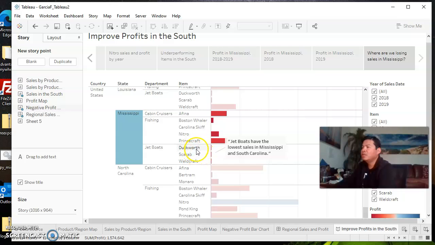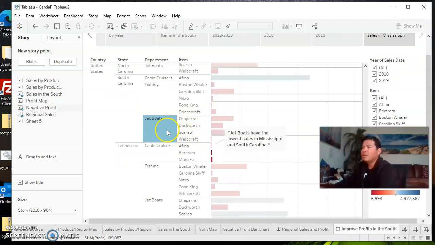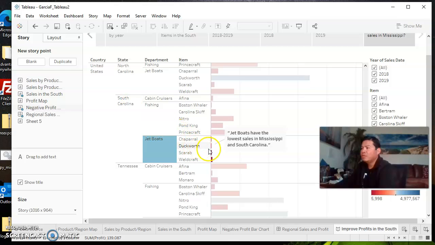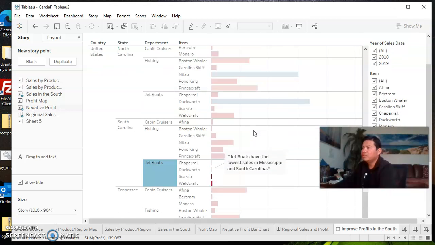So for the models Startup and Wellcraft, I have a note here that says jet boats have the lowest sales in Mississippi and South Carolina. If you go to South Carolina, you can also see that they are having very low sales: Chaparral, Danforth, Startup, and Wellcraft. Similar models. Not selling there either, where people are not interested in buying boats. So definitely we can save some money by not trying to sell products that people are just not going to buy.